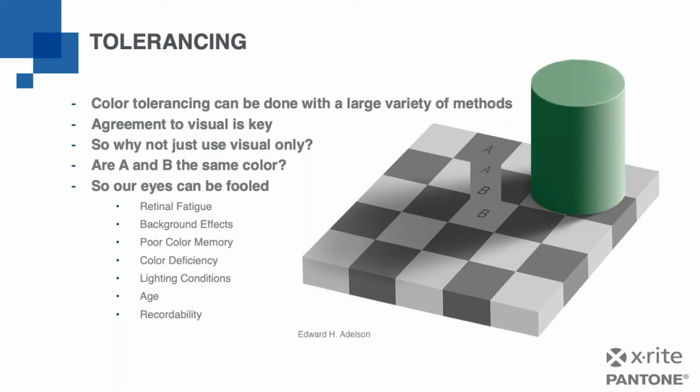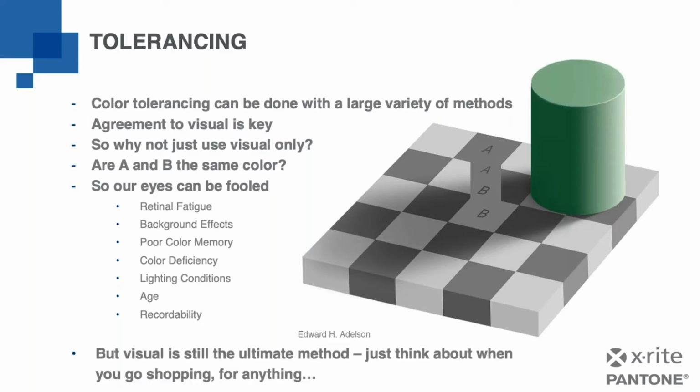As we get older, we're less able to tell colors very well, and so on. There are a number of others beyond this list that will impact your ability to judge color with physical standards using your own eyes. Ultimately, though, visual guides are your ultimate method.